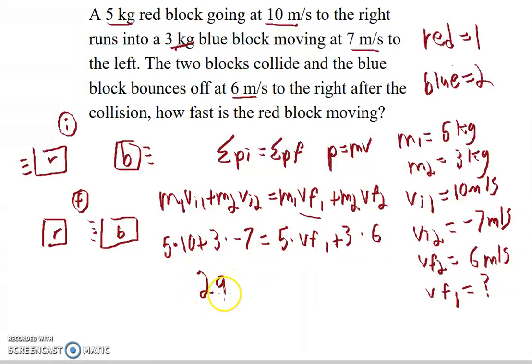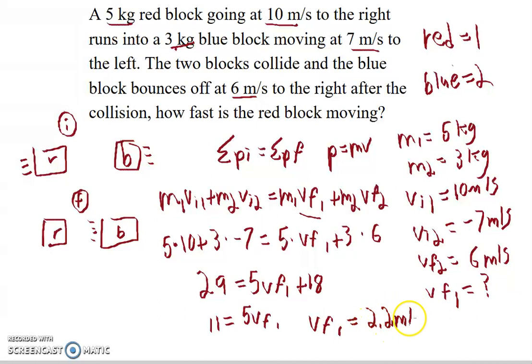So we get 29 is equal to 5 v_f1 plus 18. So we solve this out. It's going to be 11 is equal to 5 v_f1. So the final velocity of the red is going to be 2.2 meters a second.